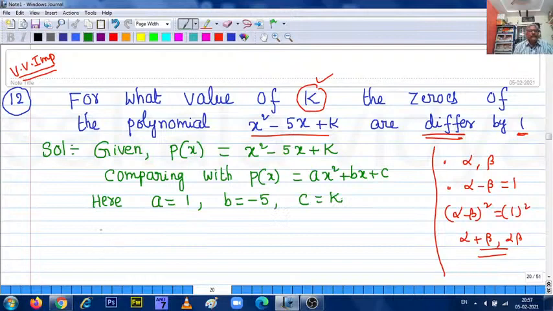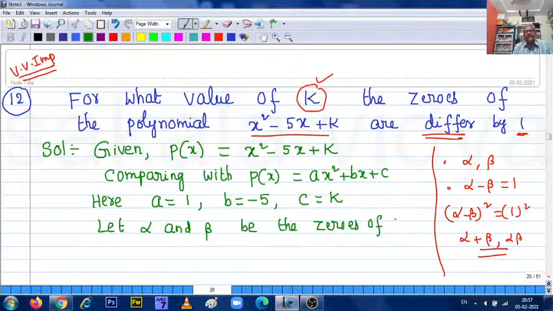Now let alpha and beta be the zeros of p of x.